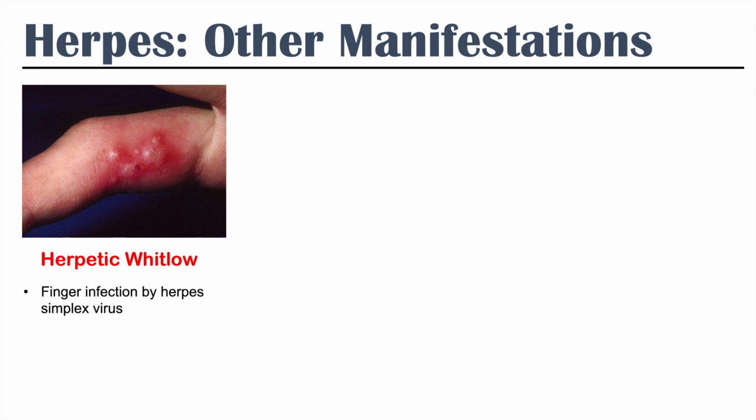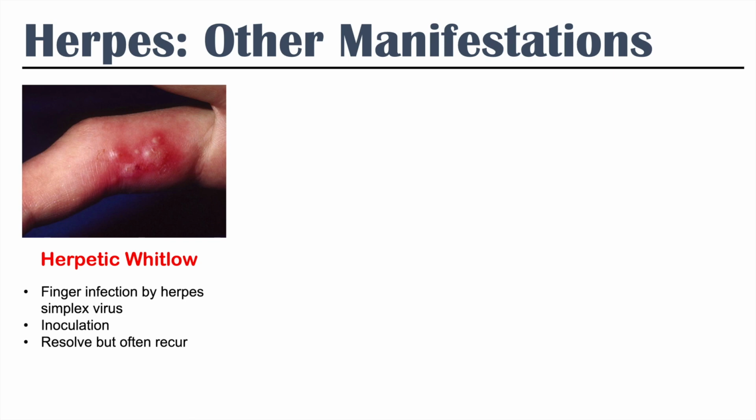You're going to get these painful vesicles on your finger, and that's actually just a herpes virus infecting the finger, causing what we call herpetic whitlow. Again, it's inoculation. Again, this will resolve, and again, it will often recur because, again, that virus hangs around in your neurons.